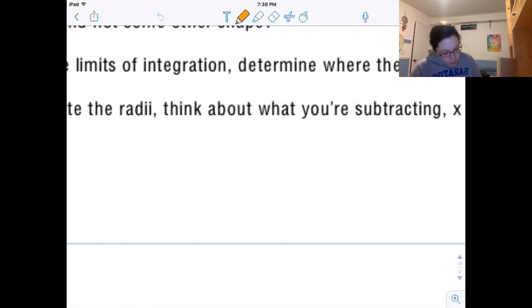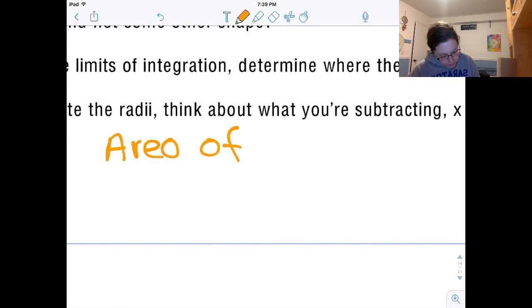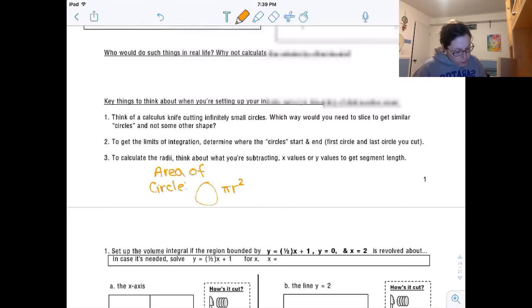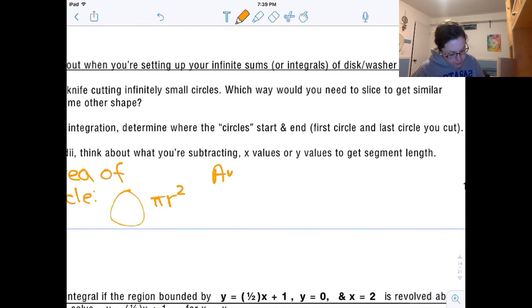So, before we get too far into this, let's start with this. If you were going to find the area of a circle, just a regular old circle, it would be pi r squared, right? If you were going to find the area of a washer, you have this outer circle, and then you have this inner circle, and you're removing the inner circle.